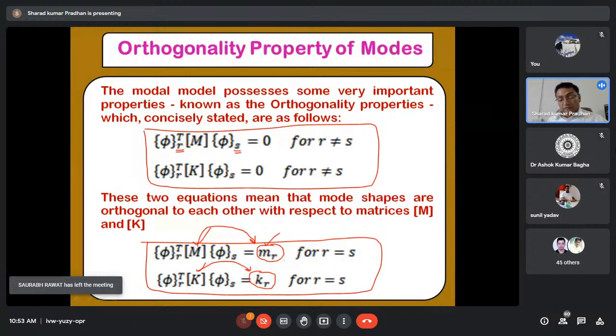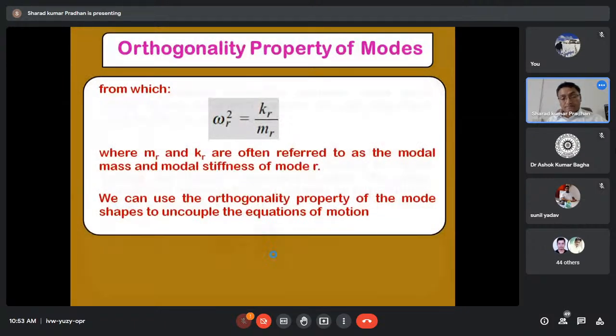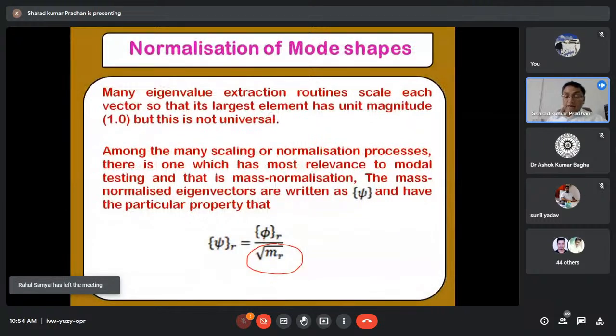And this MR we are going to use here: if you divide the general mode shapes phi by under root MR, you are going to get the mass normalized mode shapes.